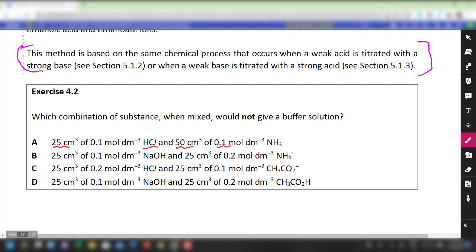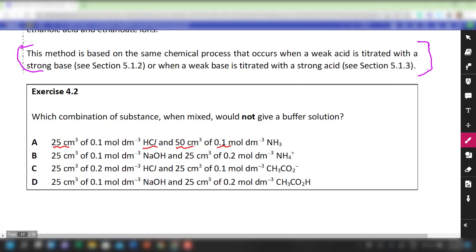Yeah, so that means that for combination A, you would expect molecular ammonia and the ammonium form to be of similar amounts, because the amount of hydrochloric acid added in terms of number of moles is half that of the aqueous ammonia present.